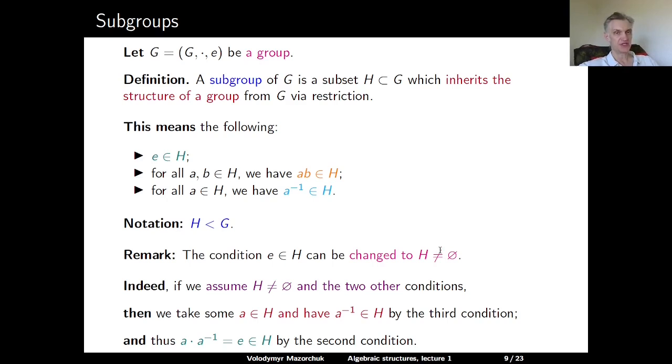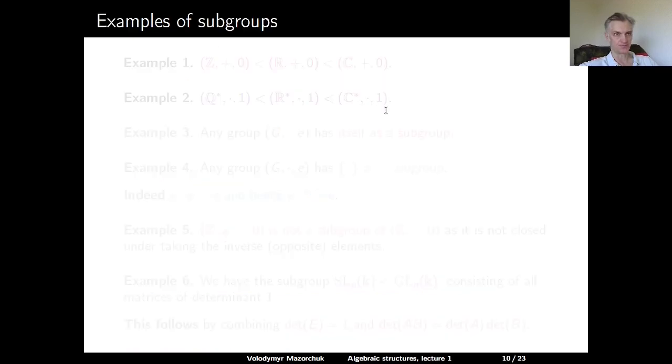And again, by definition, any subgroup is a group in its own right. More or less by the definition, it inherits. So any subgroup inherits from the original group the structure of a group. Here are some examples. First of all, the additive group of integers is a subgroup in the additive group of all real numbers, which in turn is a subgroup in the additive group of all complex numbers.